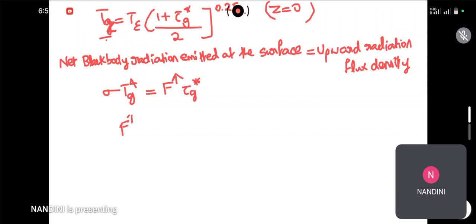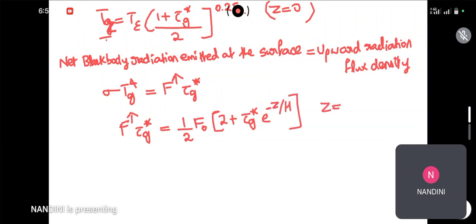This F outgoing at the optical depth is given by half F0 into 2 plus optical depth into e raised to minus z by h. When z is equal to 0, this becomes half F0 into 2 plus rho g star.